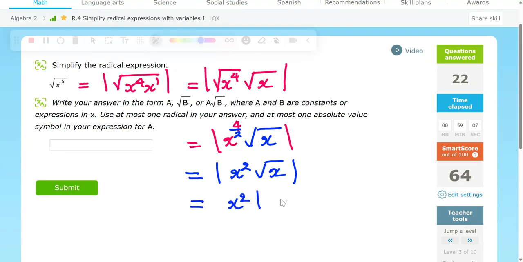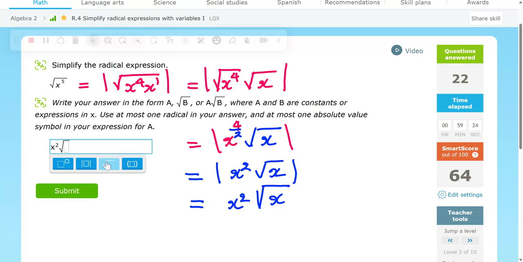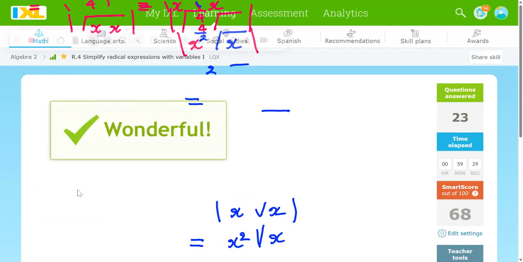And the square root of x is always positive already, so I can leave it like that. I put in my answer x squared, and then square root of x. Voila, done.